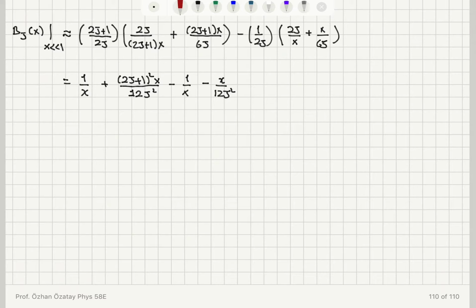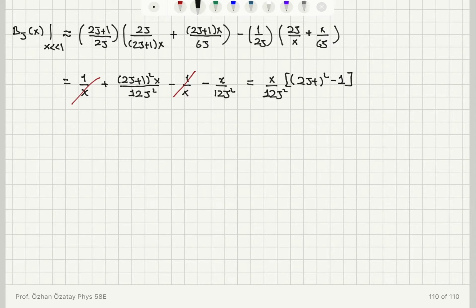So plus 1 over x and minus 1 over x will cancel. And here we will obtain x over 12J squared times parentheses (2J+1) squared minus 1.